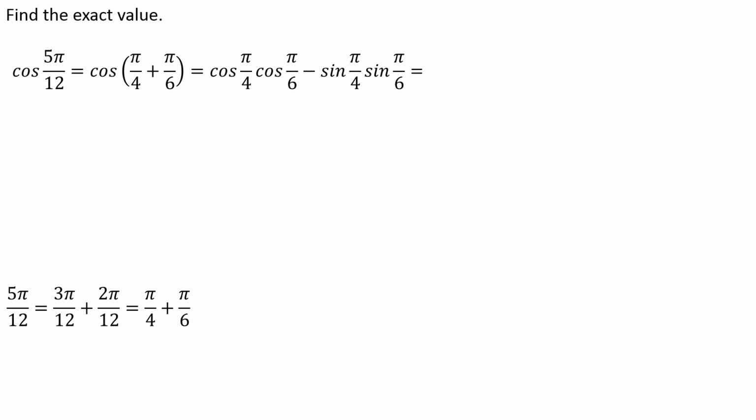Of course, cosine of pi over 4, I know, is root 2 over 2. Cosine of pi over 6, of course, is root 3 over 2. Then I guess I probably need a subtraction symbol. Sine of pi over 4, root 2 over 2. Sine of pi over 6, 1/2.